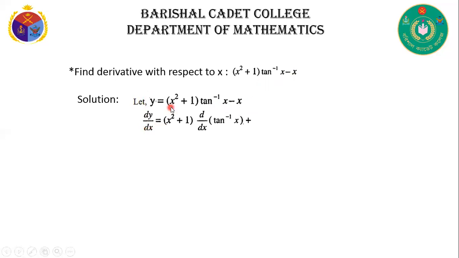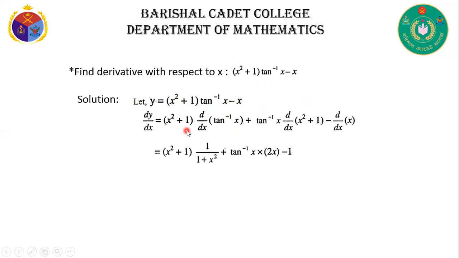Now dy by dx, x square plus 1, here UV formula. Then x square plus 1 d by dx tan inverse x plus tan inverse x d by dx (x square plus 1) minus d by dx x. Now we know the derivative of tan inverse x is 1 by (1 plus x square).